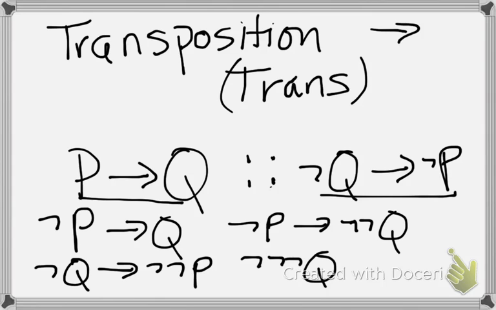Sorry. When you use this version of the rule, what you end up with is something that has less negations than you started with. Has one less negation.